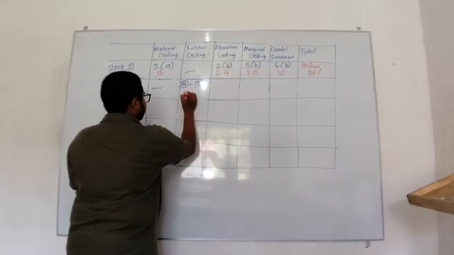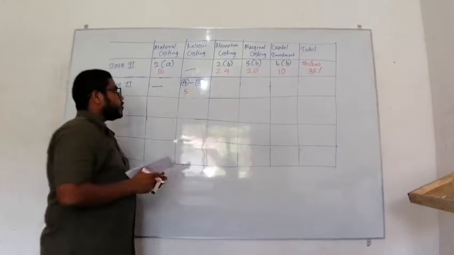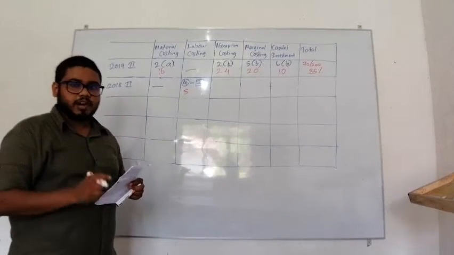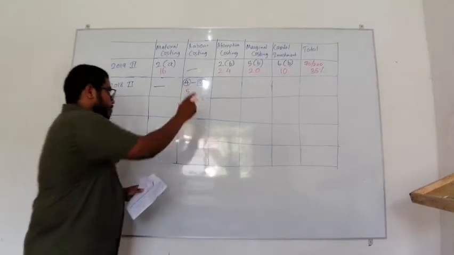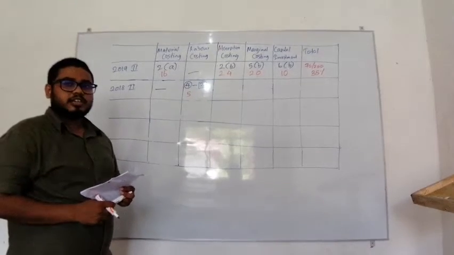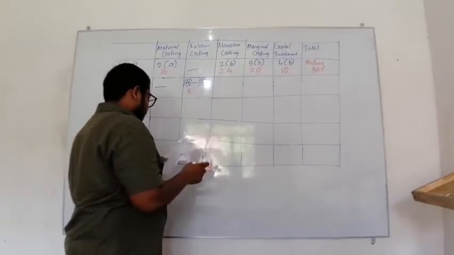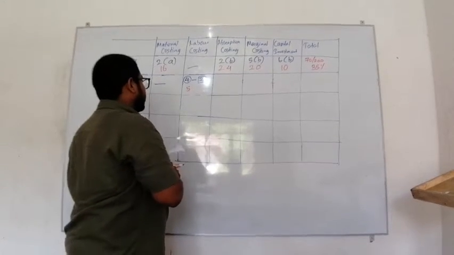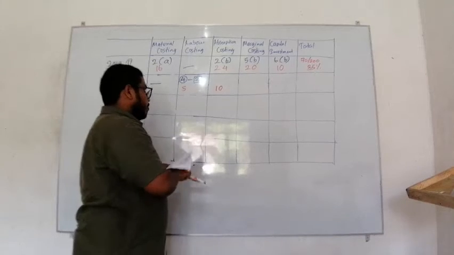The total question carries 15 marks, but as per the marking scheme, it allocates 5 marks for part 2, which discusses labor costing. When it comes to absorption costing, you will find a question that carries 10 marks, which is question number 2, part B.